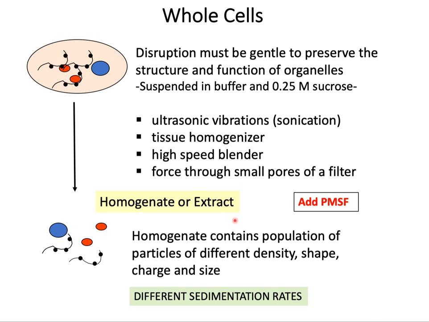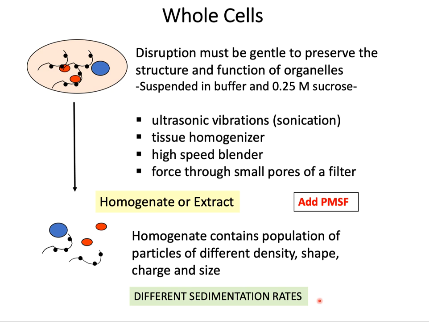The homogenate contains a mixed population of particles of different density, shape, charge, and size. Because of the unique features of all these particles within the homogenate, you can take advantage of this and use centrifugation to further purify the organelles.